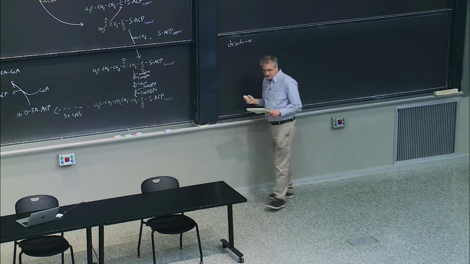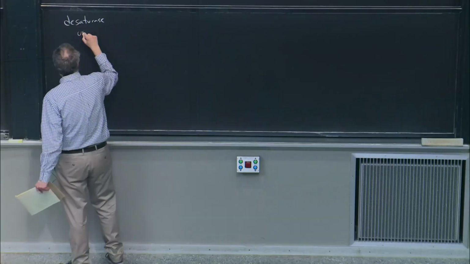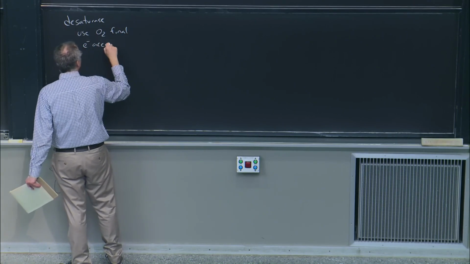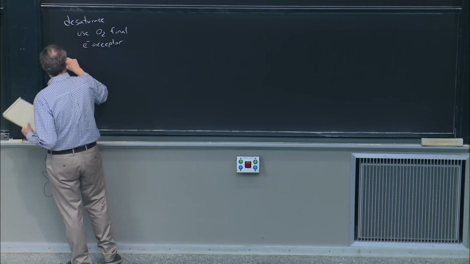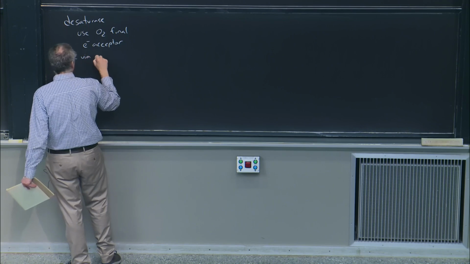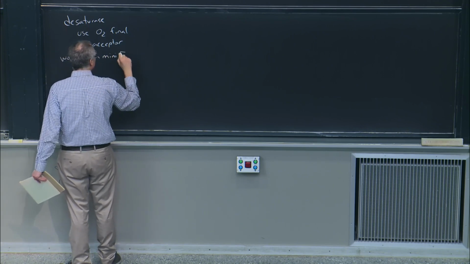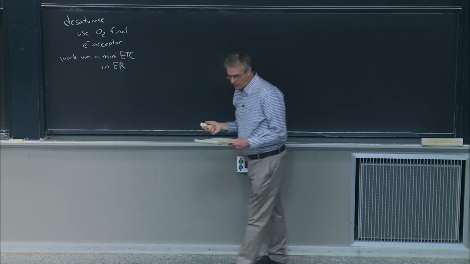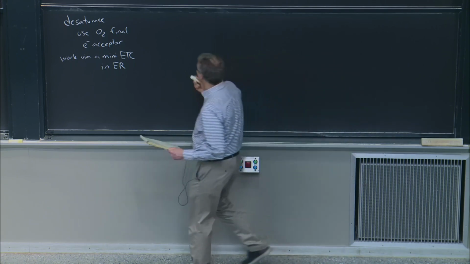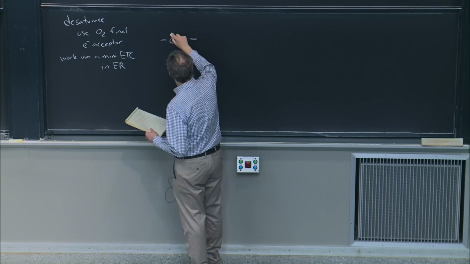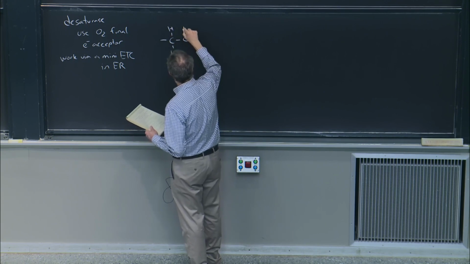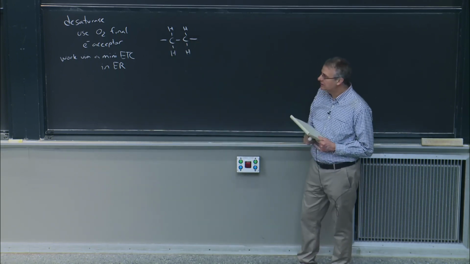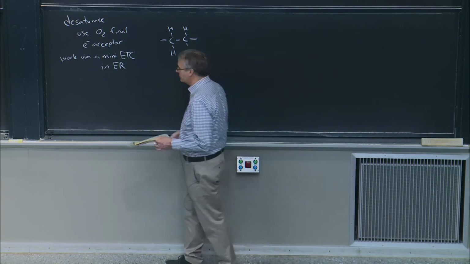Okay? So these desaturase reactions use oxygen as a final electron acceptor, and they work via a mini electron transport chain in the ER in eukaryotes. So it's a little bit of a weird mechanism, but here's our carbon-carbon bond that we're going to oxidize to introduce a double bond and desaturate our lipid.